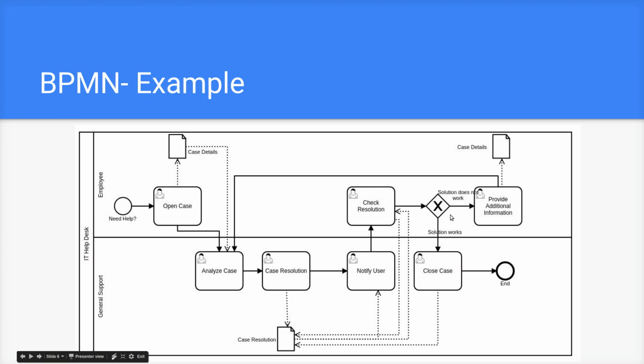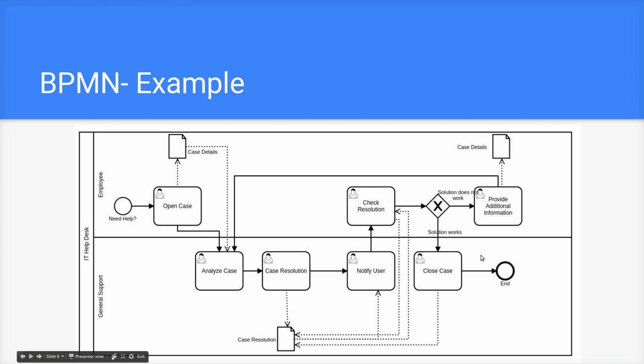If the solution is not working, the employee has to provide additional information to the same case details. And when he provides additional information, again the general support analyzes the case with the additional information, and he provides a case resolution, and again he notifies the user. You check the resolution. So this goes on until the solution works, after which the general support closes the case and it ends.